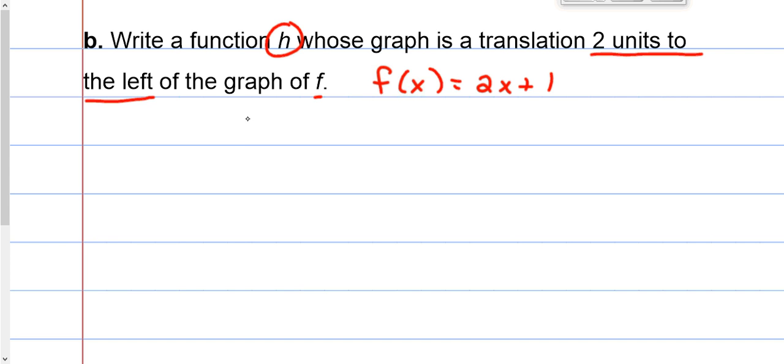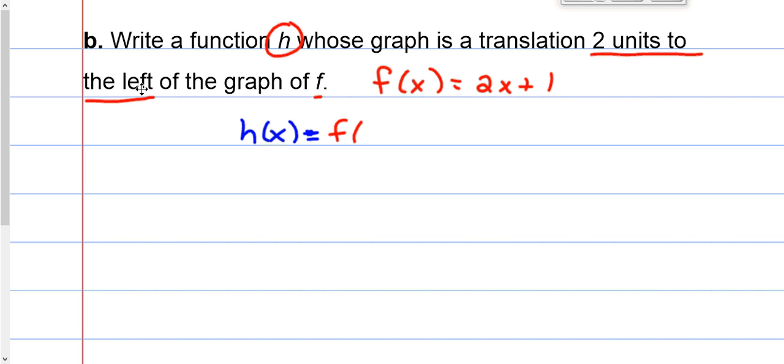So let's write that down. We have h of x, because I'm writing a new function here. And what it told me to do was to take my f of x function and move it 2 units to the left.